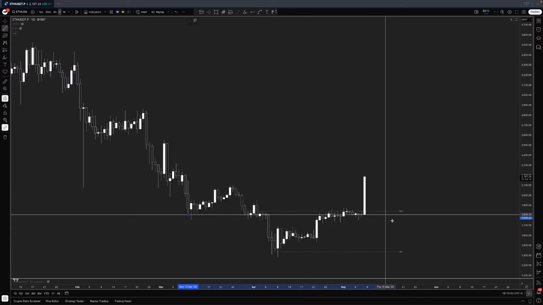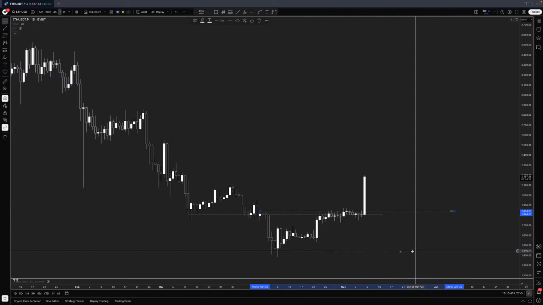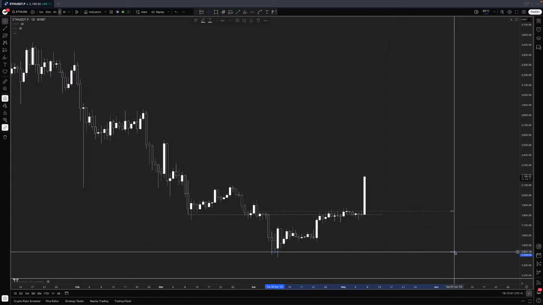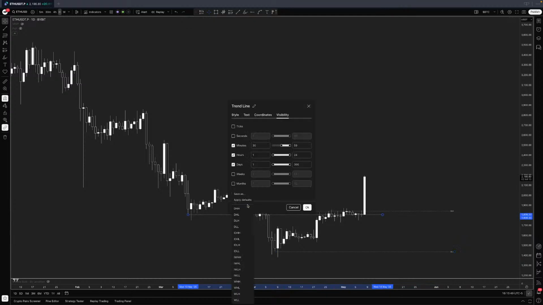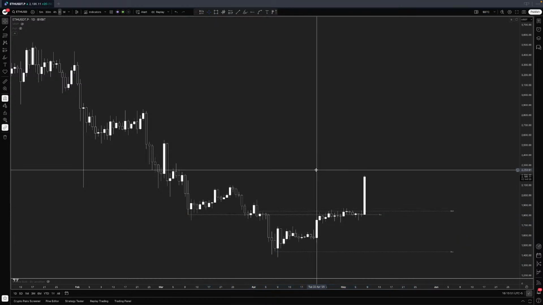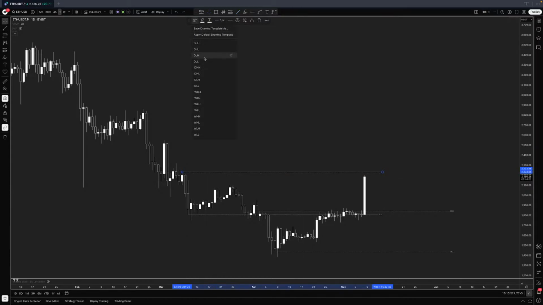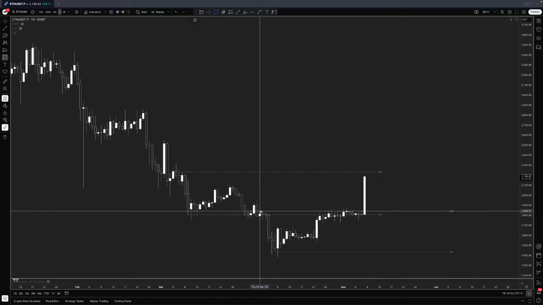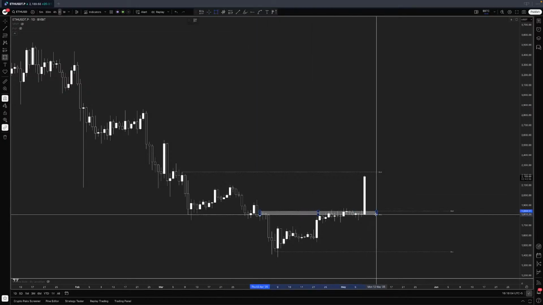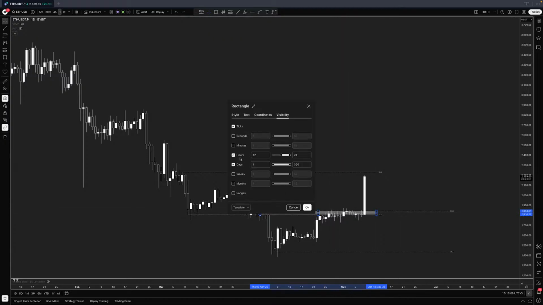Previous lower low over here. Daily lower low. And we had this one as our previous daily lower high, where the market is basically going right now. And in between these two, we have a zone over here, which is highlighting all of this accumulation that happened over there.